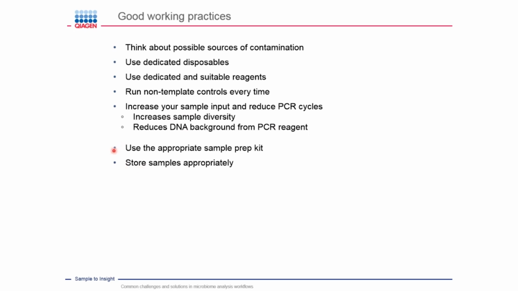In addition, we have checked that depending on your sample prep kits, you can have more or less DNA background. Therefore, this is also a good point to look for when you're picking your workflows. And as a last point, store your samples before nucleic acid extraction as well as your extracted DNAs appropriately.